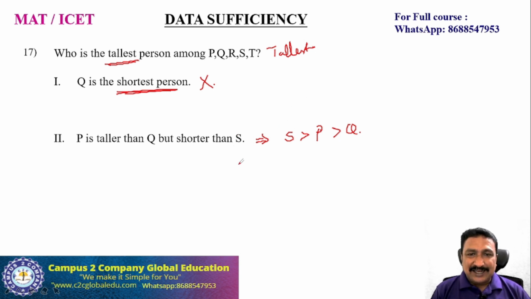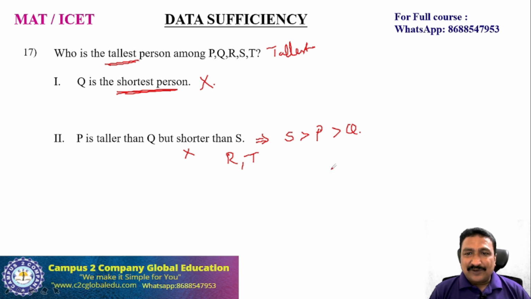Because still there are two people left, R and T. So here we know only S, P and Q, but we don't know about R and T. So second statement also we cannot say the exact answer. So we can eliminate choice B also.